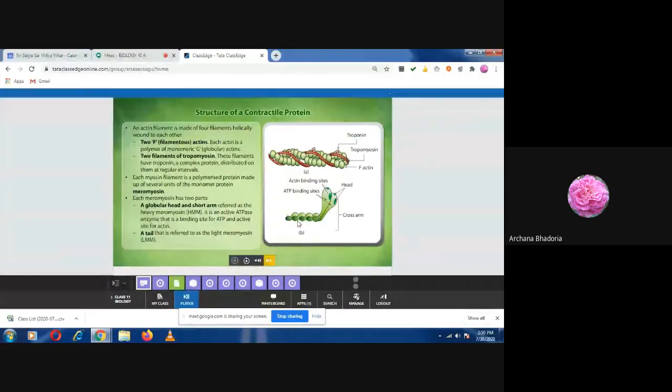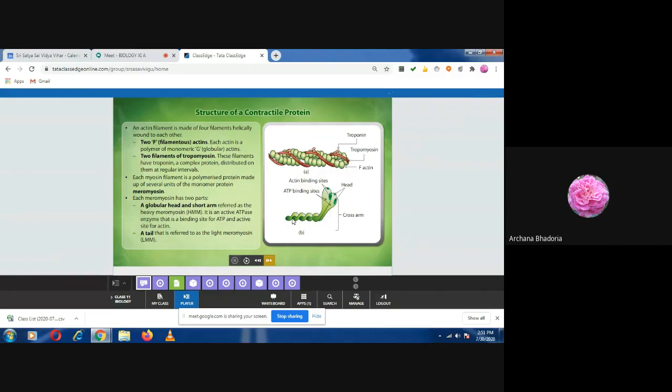Can you see this structure? This is the tail. So it is known as the light meromyosin. So each myosin is made up of several meromyosin. Clear? And the structure of one meromyosin has a head, a short arm and the tail.